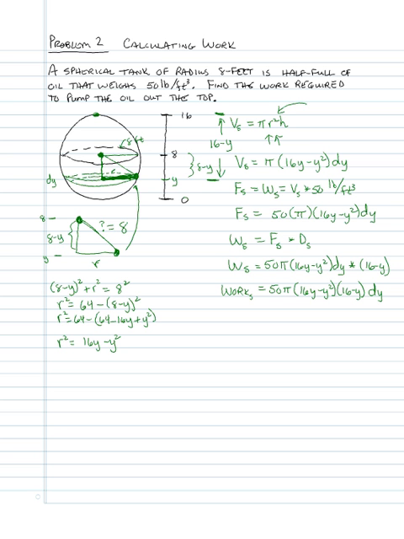Now we could clean that up a little bit by actually multiplying out the 16y minus y squared times 16 minus y. And I have done that. When I did that, it simplified. I got 256y minus 32y squared plus y cubed. And of course, dy.